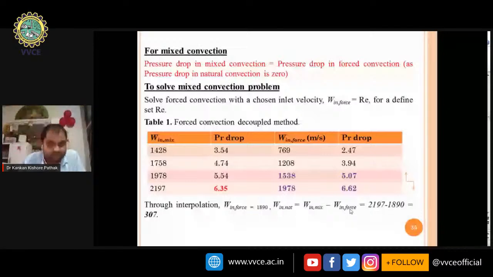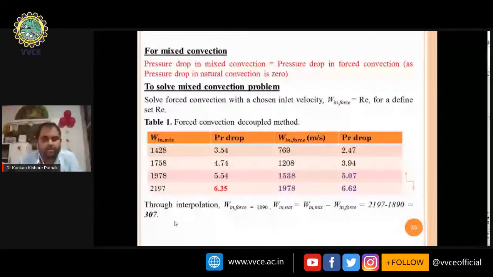If you subtract this, it becomes 307. So this is the induced velocity. This mass of induced velocity is present in the 2197 velocity component of the mix, and the forced convection is about 1890. Now if we add 1890 and 307, we get 2197.